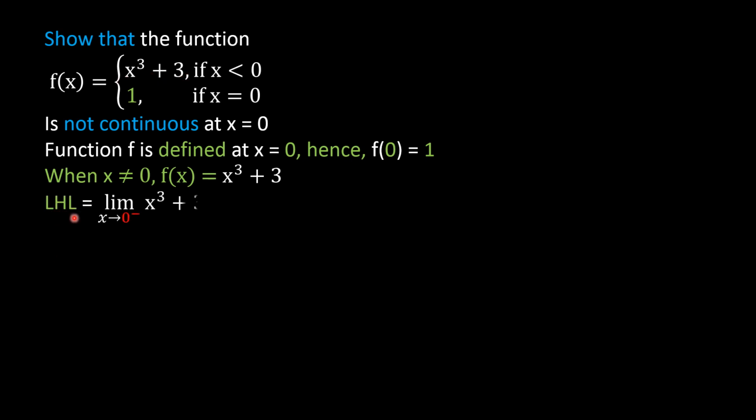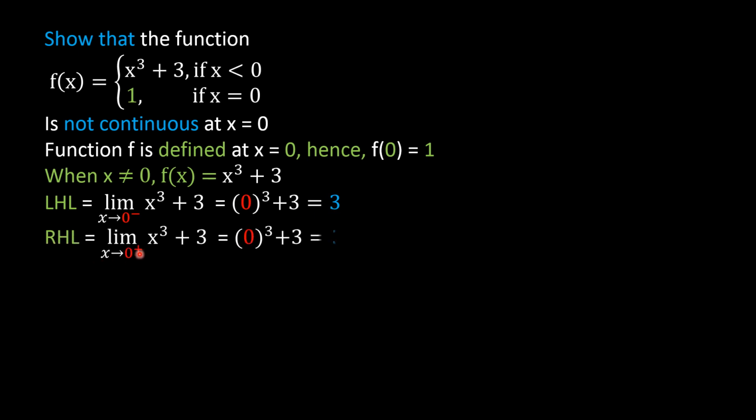Left hand limit, as x approaches 0 negative, will be 3. Right hand limit, as x approaches 0 positive, will also be 3. Here left hand limit equals right hand limit equals 3, which means that limit of the function as x approaches 0 exists.